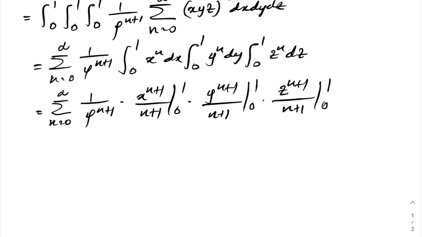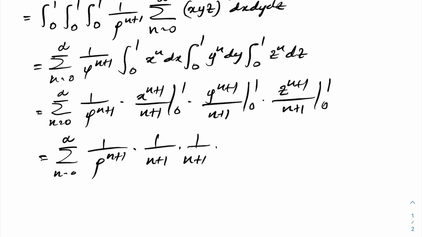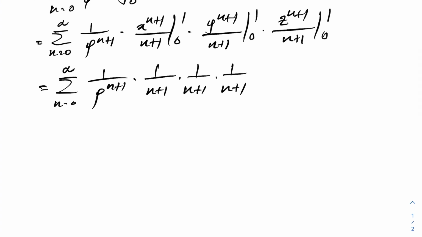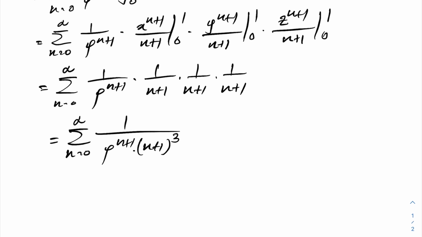If we apply the lower limit 0, we get 0. So we have the sum from 0 to infinity of 1 over phi raised to the n plus 1 times 1 over n plus 1, times 1 over n plus 1, times 1 over n plus 1. Then we can write the sum from 0 to infinity of 1 over phi to the n plus 1 times n plus 1 raised to the 3 power.